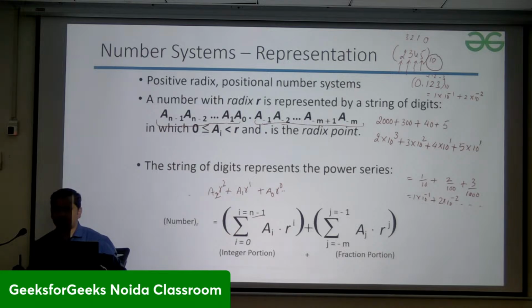Now add the fractional part, a minus 1. Now it starts from minus 1 to minus m. Is it so?